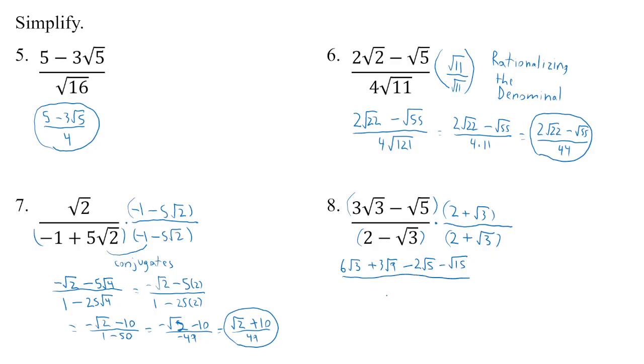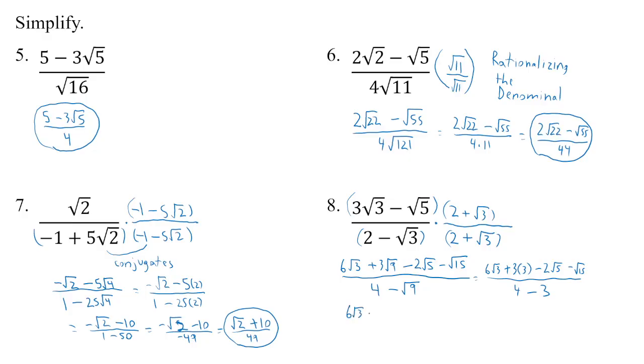And on the bottom, we have 4 minus the square root of 9. So now we're going to simplify this a little bit. We could take the square root of 9, which is 3. So let's see.